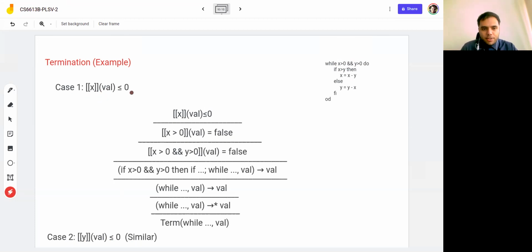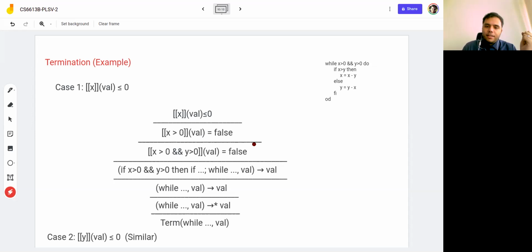Okay, so we start with this assumption. We know that the value of X in the initial valuation is less than or equal to 0. So the very first step is to go from this arithmetic expression to a Boolean expression. This is the rule for comparison, and by applying it here, we get this. We now know that the evaluation of this Boolean expression is false at the given valuation.